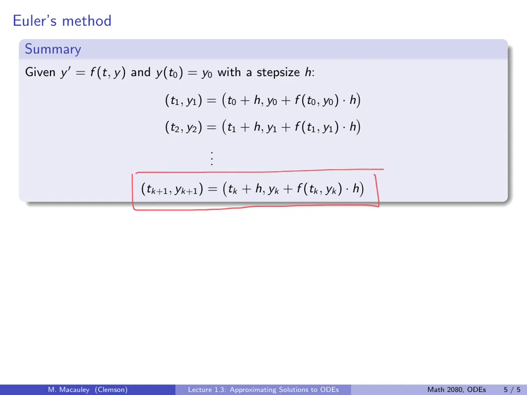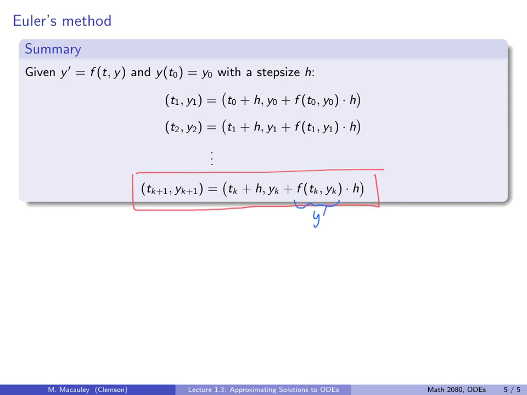For the k plus 1th step, t sub k plus 1, y sub k plus 1, you take the previous t sub k and add the time step h, and you take the previous y sub k and add, remember, think of this as y prime.